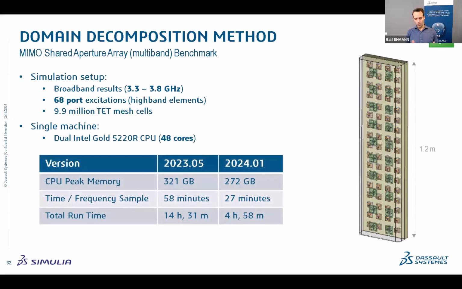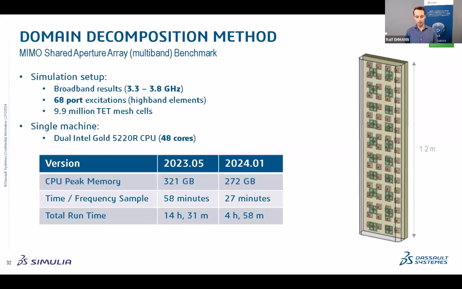So I want to show you how this has also improved to version 2024, because we just a few years ago introduced this solver. So every year, with the major releases, we bring a lot of improvements, and you can see this by looking at the numbers. We have the peak memory that is definitely reduced, going from 2023 Service Pack 5 to 2024.